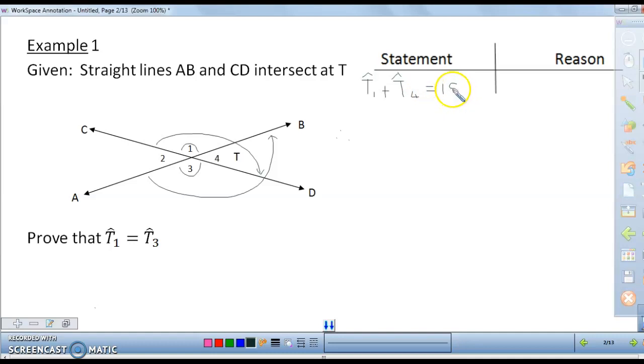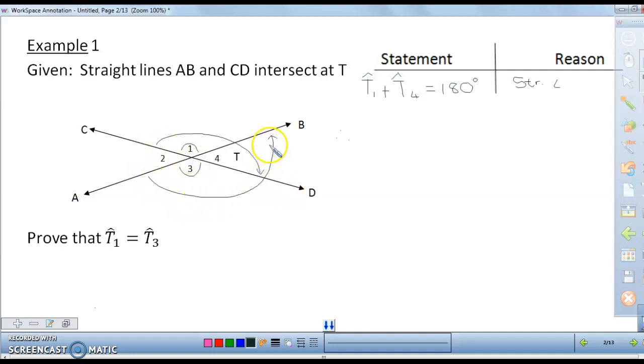And the reason why I can say that is that it's a straight angle, and that is given information. I can say it is straight. I'm going to abbreviate that to make it a bit quicker. It's a straight angle. So that is the statement that has to do with angle CTD.